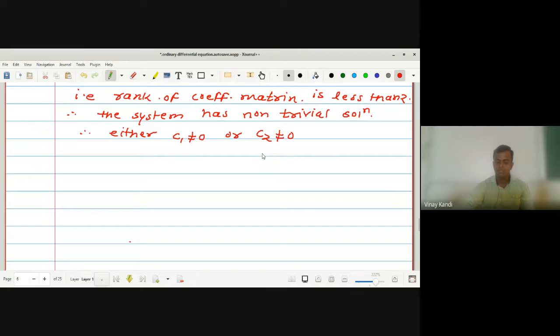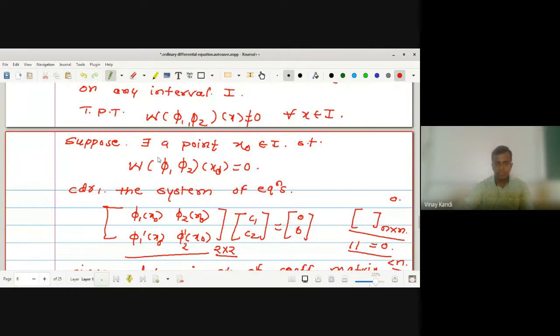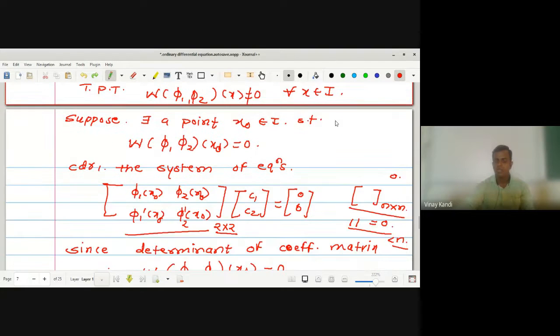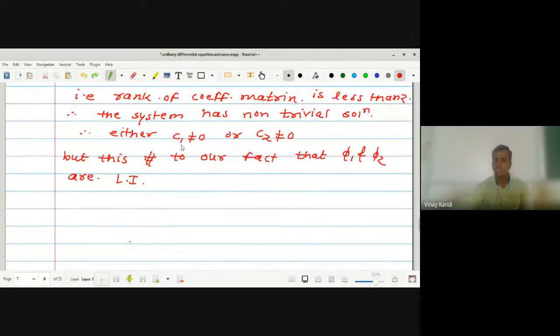But this is a contradiction to our fact that phi1 and phi2 are linearly independent. आपण आधी घेताना काय घेतलंय? phi1 and phi2 लिनियरली इंडिपेंडेंट सोल्युशन घेतलंय. पण लिनियरली इंडिपेंडेंट घेतल्यानंतर C1 and C2 0 यायला पाहिजे, पण इथे येत नाहीये.